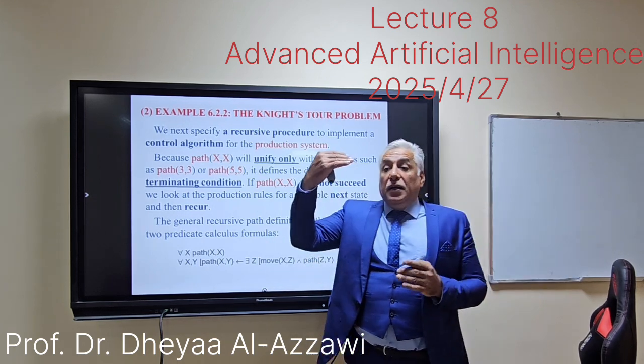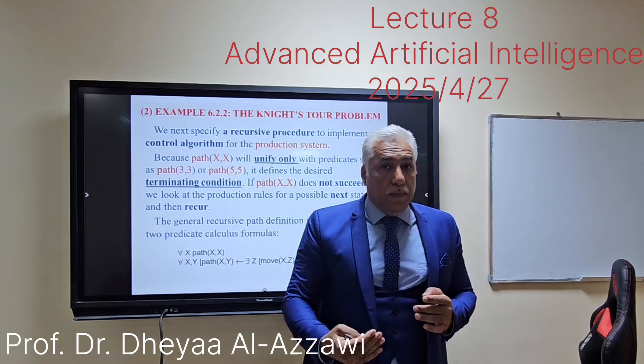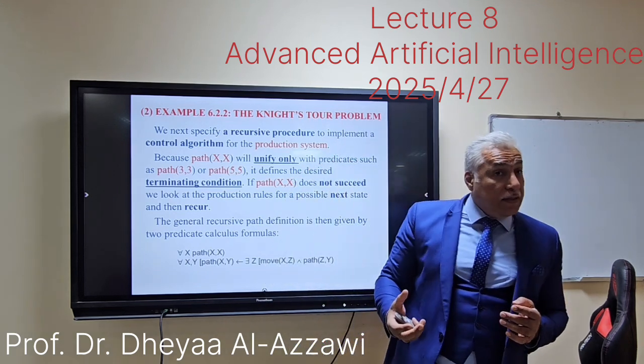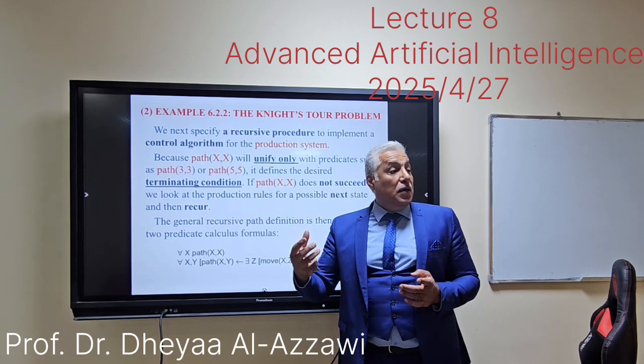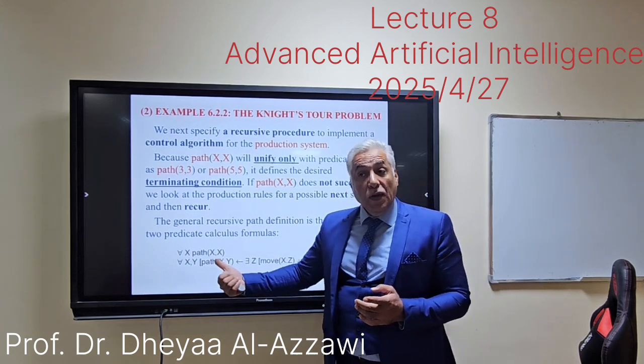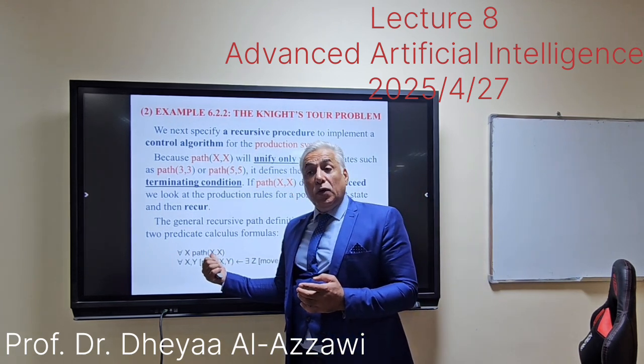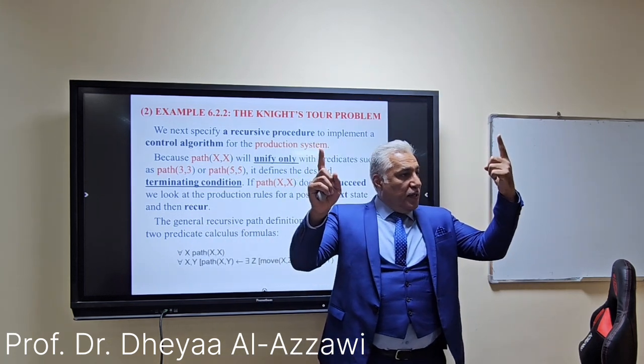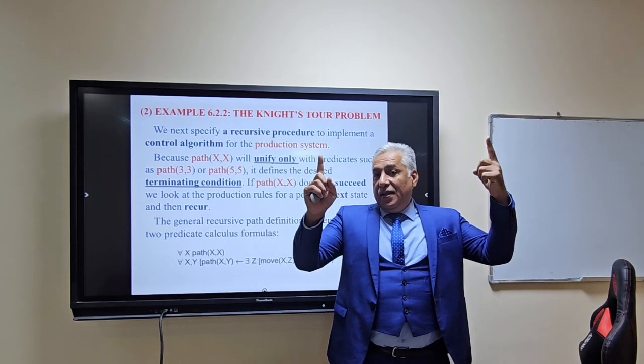We will stop the algorithm when the first one equals the second one. Here, the first one is 1 and the second argument is 9.